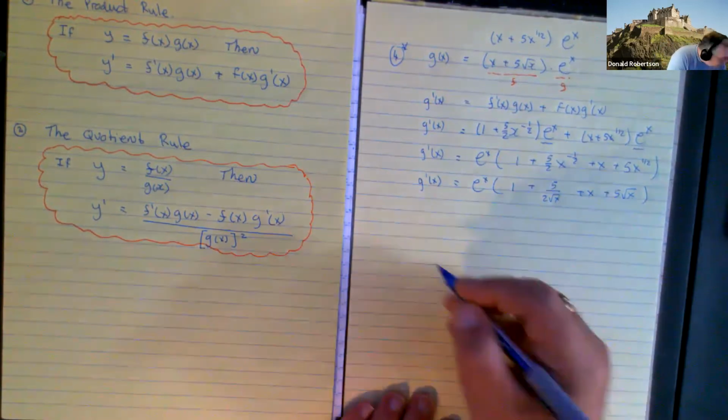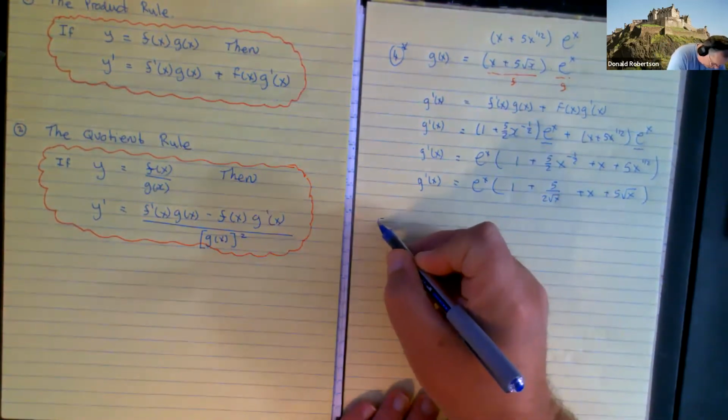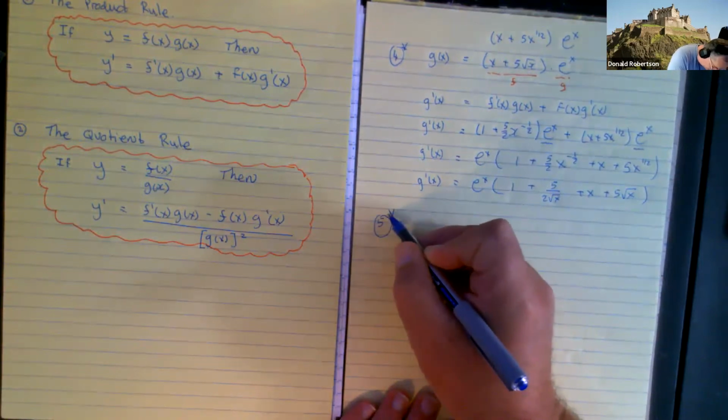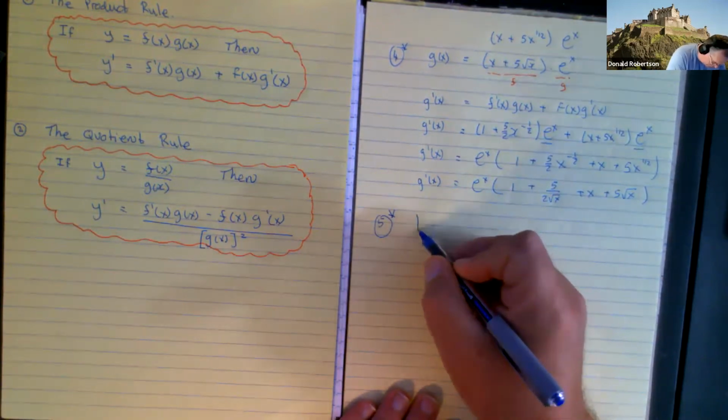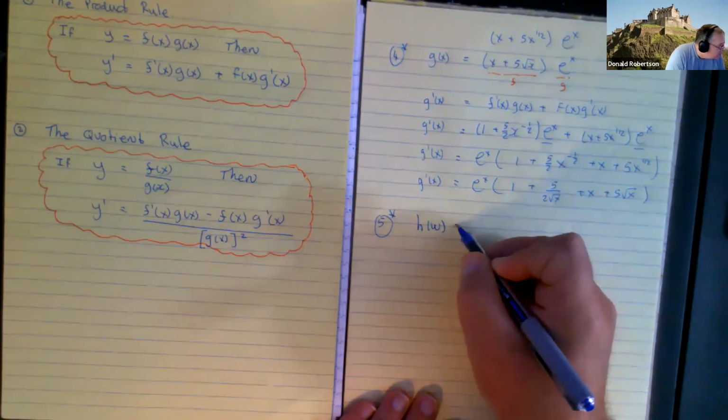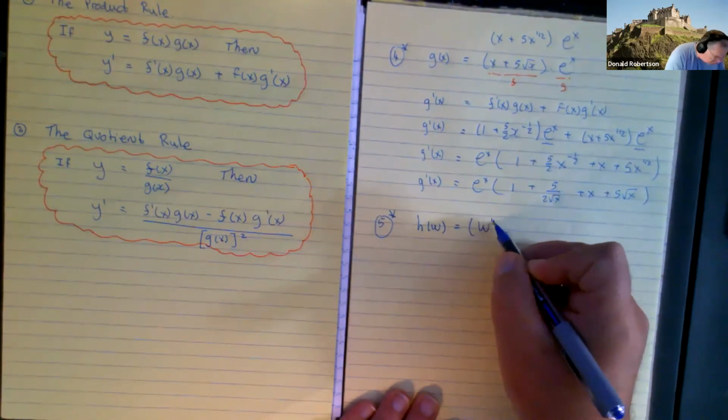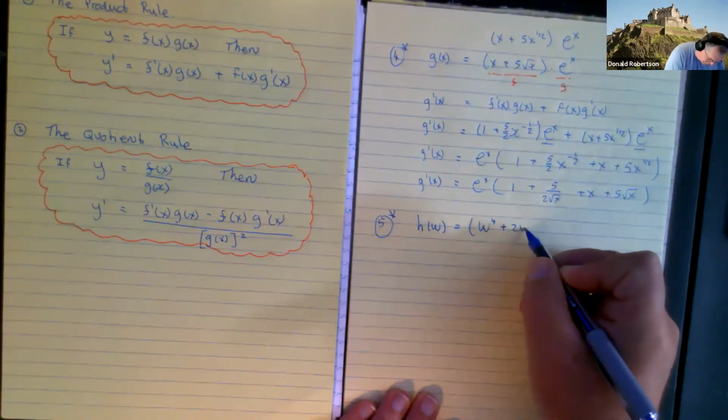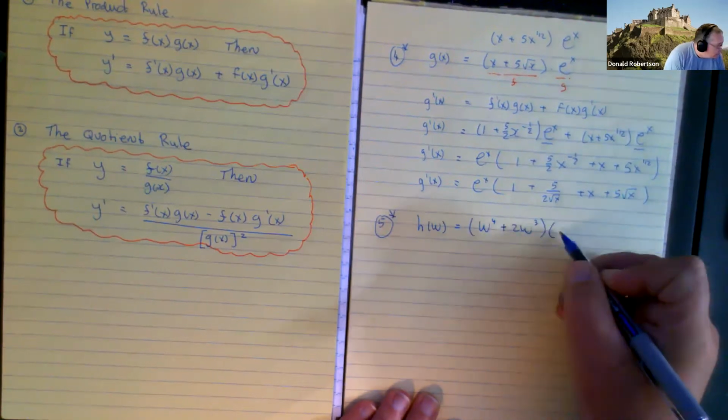Okay, I'm going to show you a question that isn't a trick question. It's not a trick question, but it is a question that can be done in two ways.